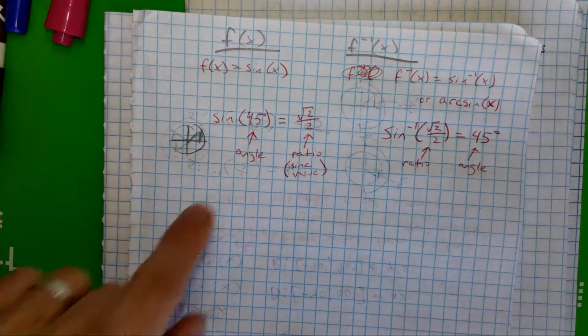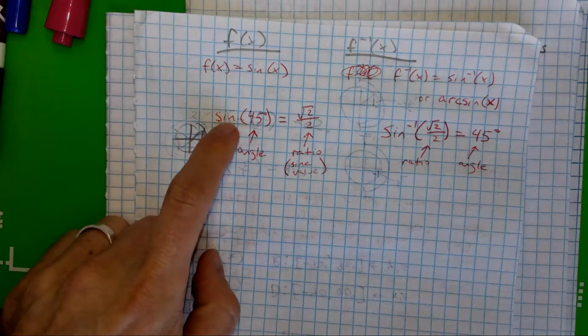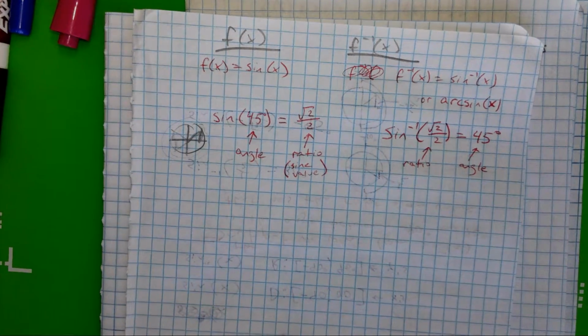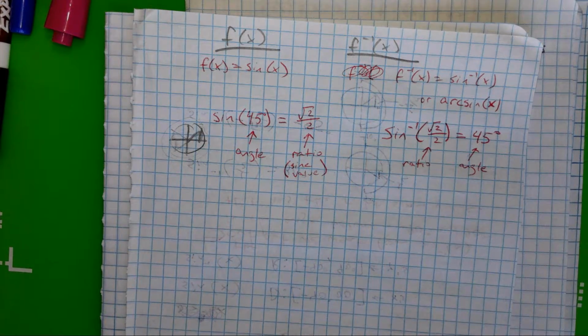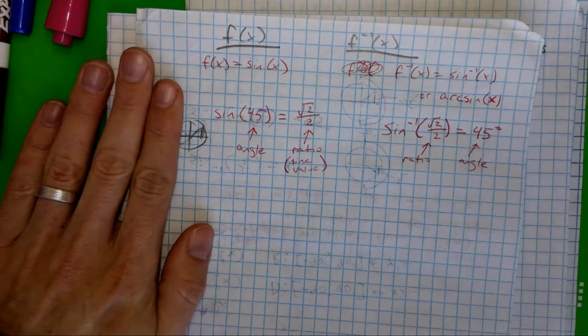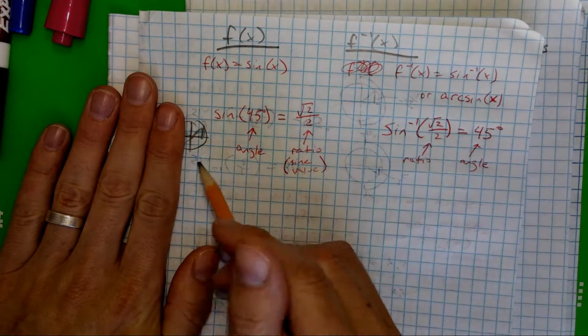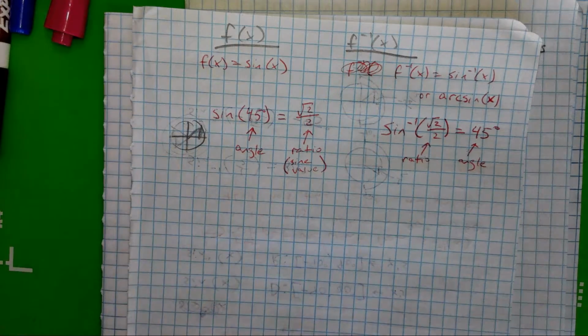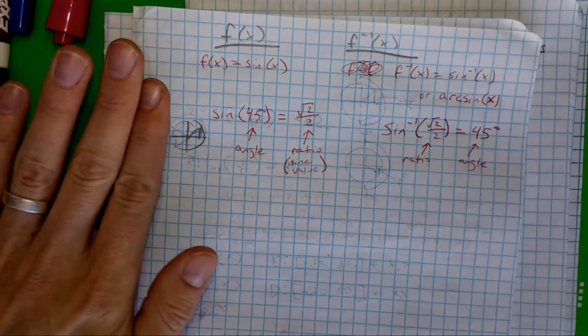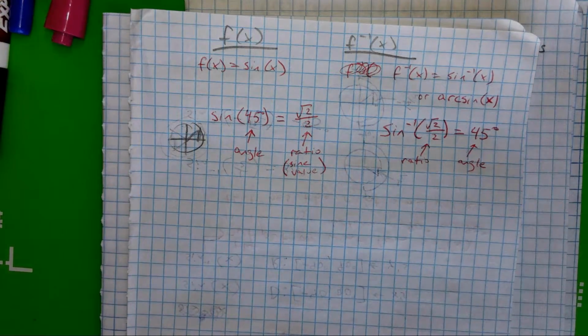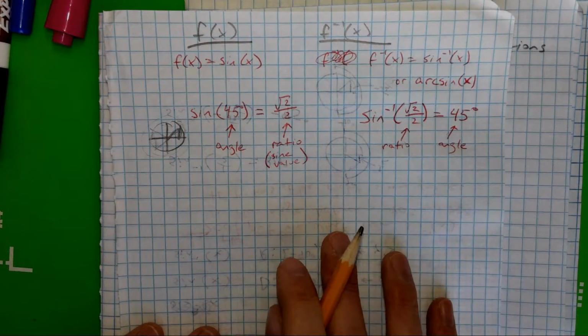So do I want 45, 135, or 405? I probably want 45, right? That would be the simplest one. We're always going to take it from a certain part of the unit circle. We'll talk about that in a little bit. So we're going to restrict ourselves to certain values when we're using the sine, so that we don't end up with an infinite number of answers. Okay, but there's the idea.